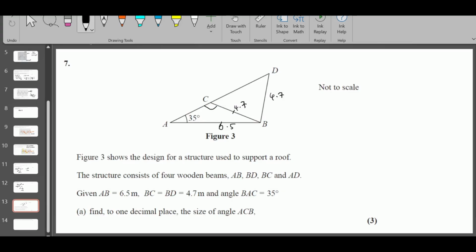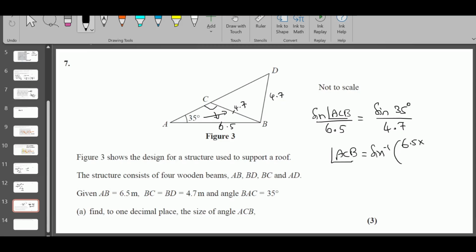This angle, one angle opposite side, another angle opposite side. We can use sine rule. In degrees, so you can write it as sine ACB over 6.5 is sine 35 degree over 4.7. So ACB is equal to sine inverse of 6.5 times sine 35 degree over 4.7.